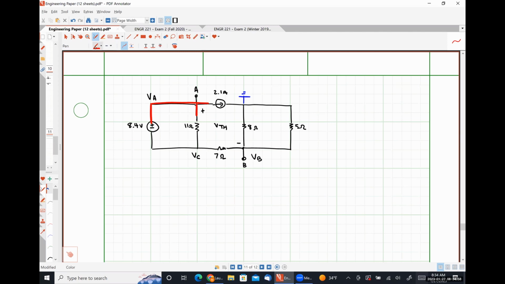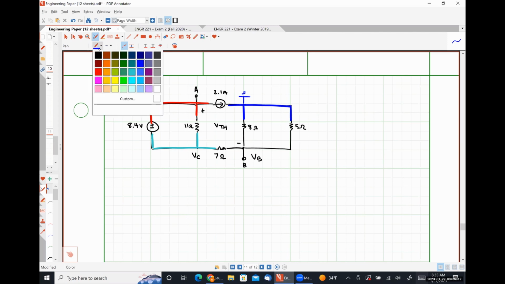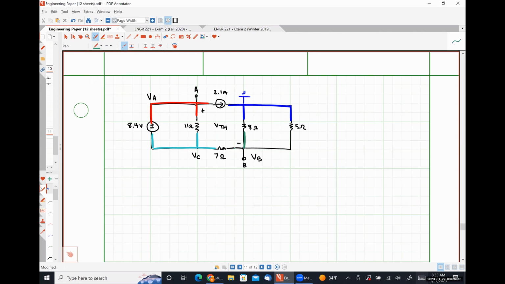So it looks like I got at least the number of nodes correct. Our Thevenin voltage is going to be whatever the results of our nodal analysis are, VA minus VB.